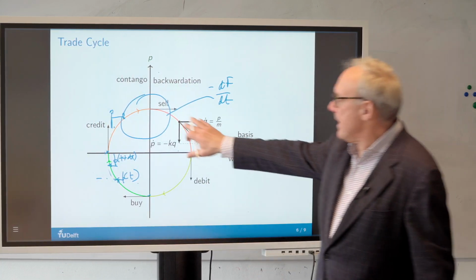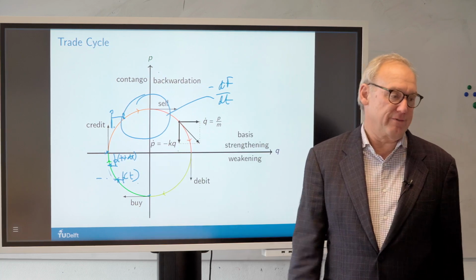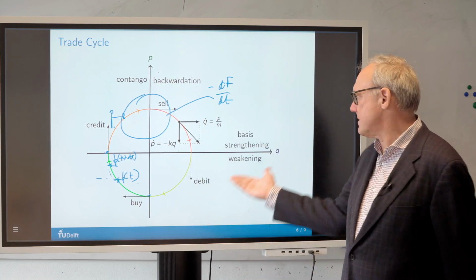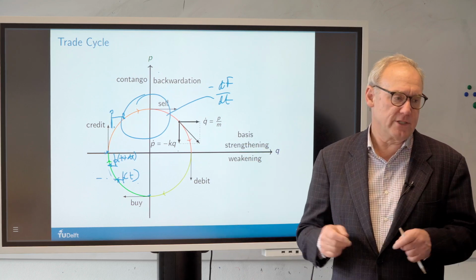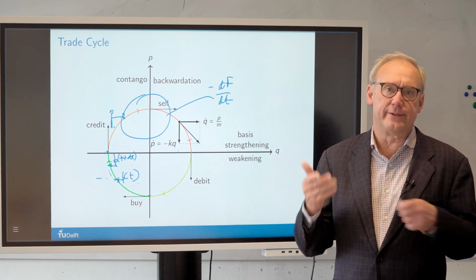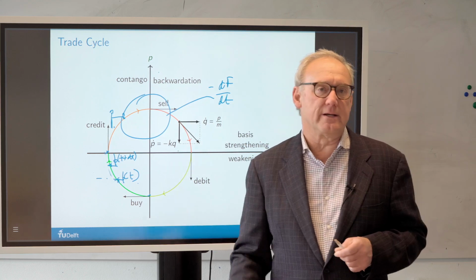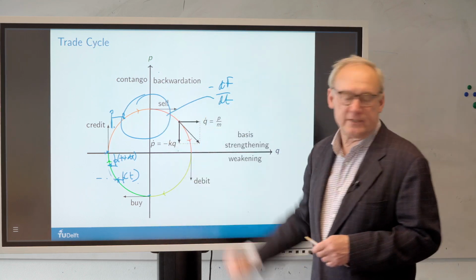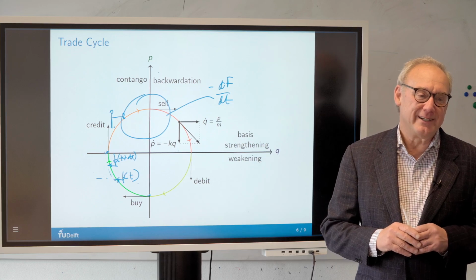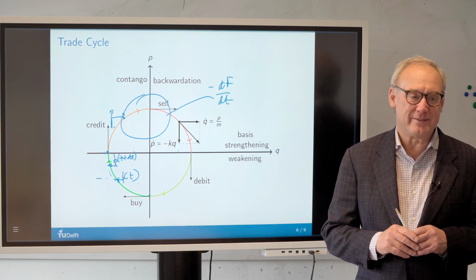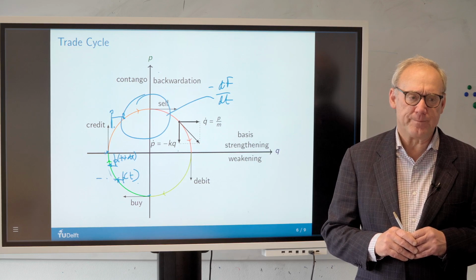So it is a measure of the convexity of this curve. This is just terminology used: basis strengthening or basis weakening. You can read these articles and get totally confused, but if you use this little graphic here, you've basically straightened yourself out.